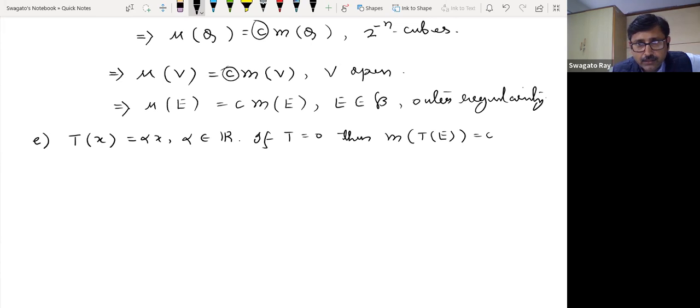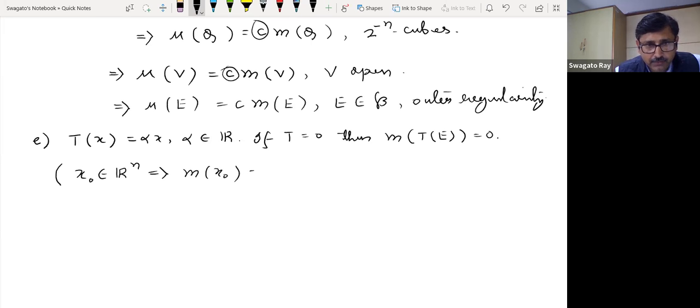Why? Are we saying that Lebesgue measure of a single point 0 is 0? I'm saying yes. Take any point x0 in R. I claim that implies that Lebesgue measure of x0 is 0, which is actually obvious. Why?